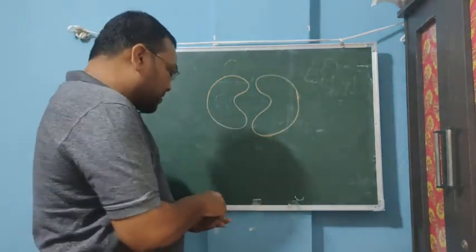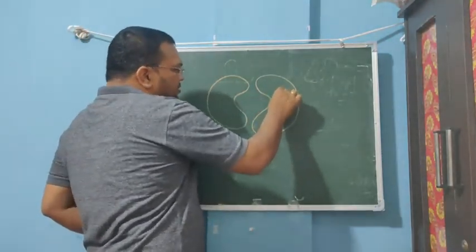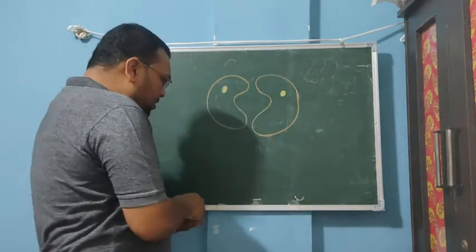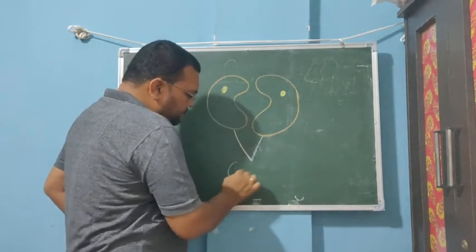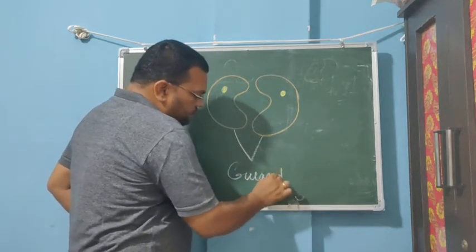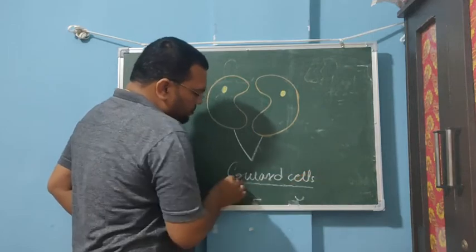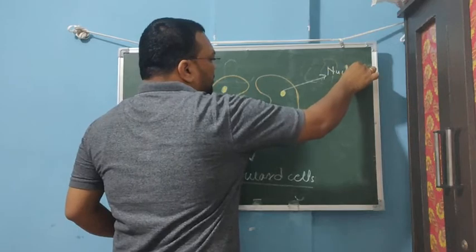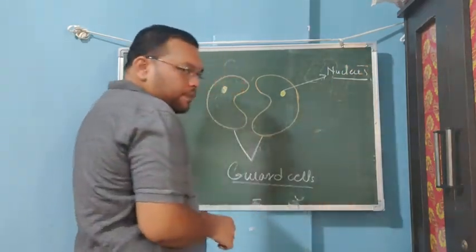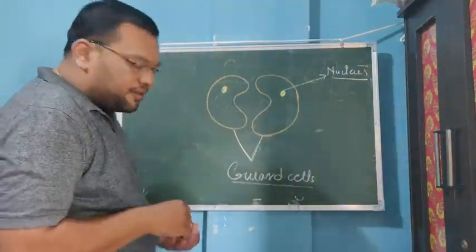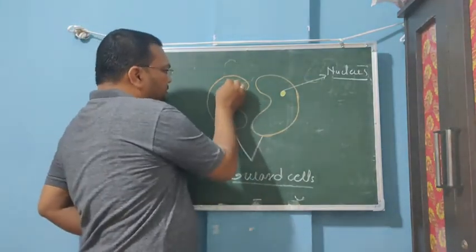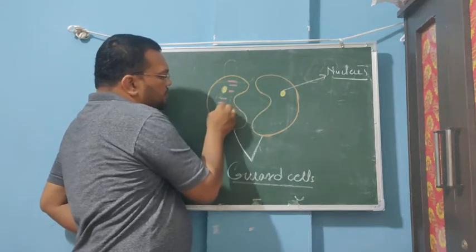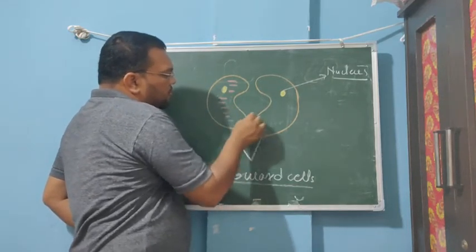In these cells, a nucleus is present. These are the two guard cells. And inside them, there are chloroplasts.